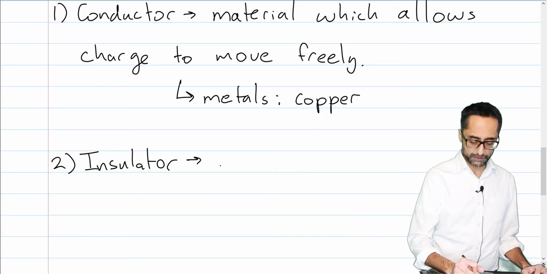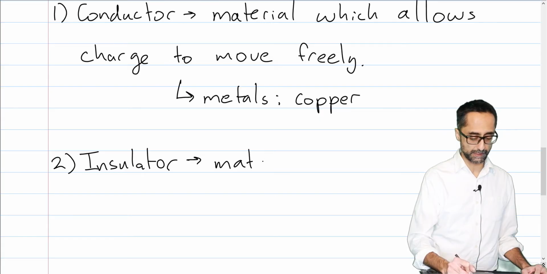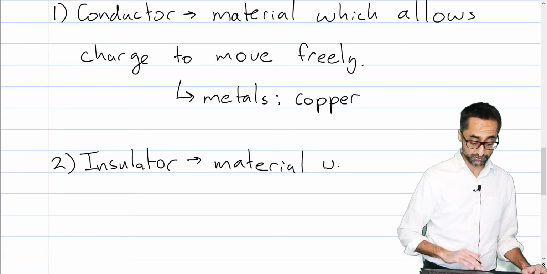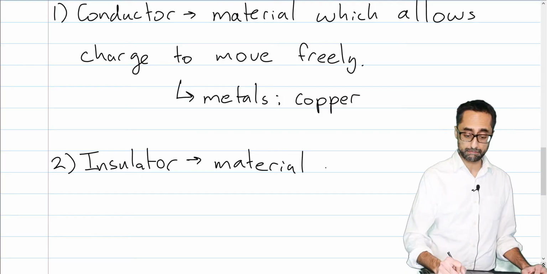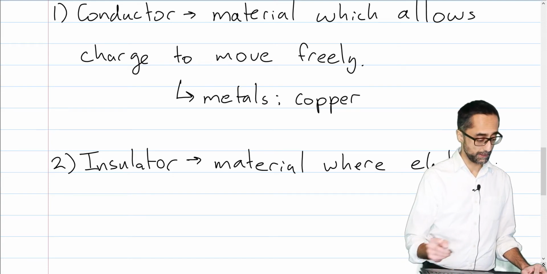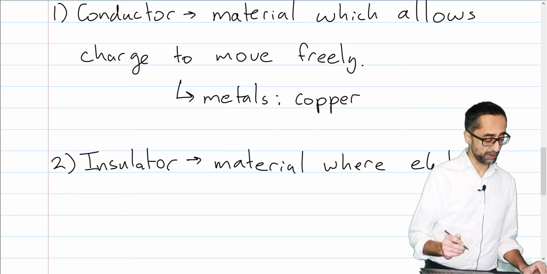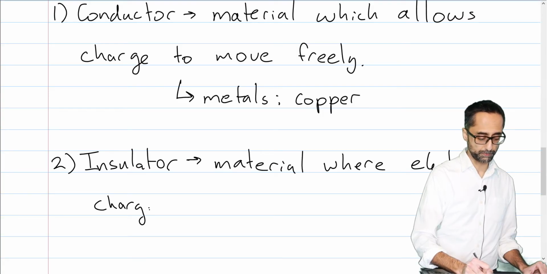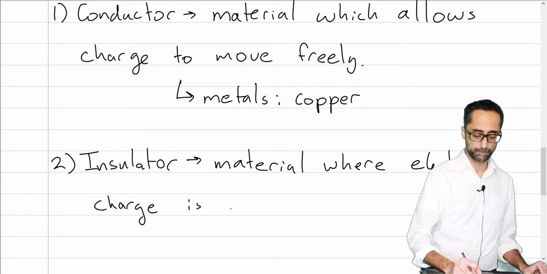And what I'm basically describing here is a perfect insulator and a perfect conductor. But most materials are not any of those things. Usually a material is a good conductor and a poor insulator, or a good insulator and a poor conductor, as opposed to being perfect at its job.